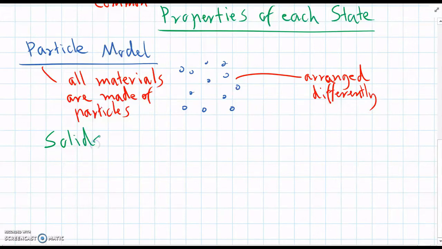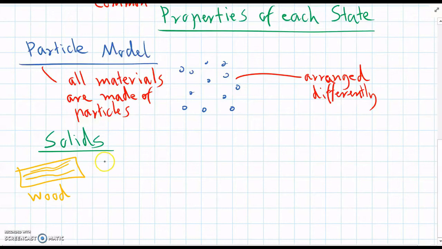So firstly, solids. For example, a piece of wood. If we could zoom in and look at the particles in wood, we would see that they are really closely packed together.